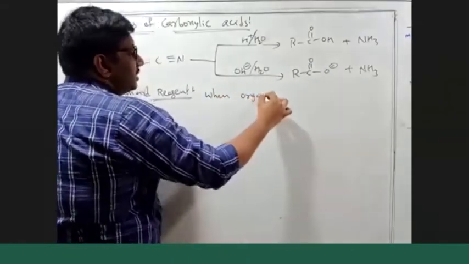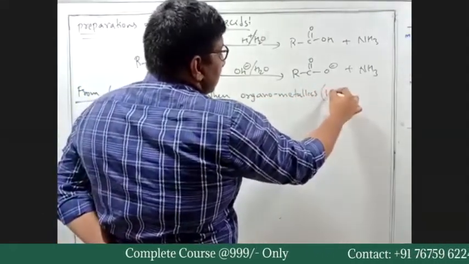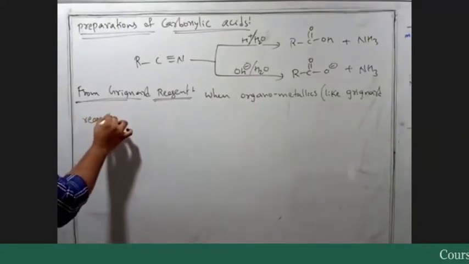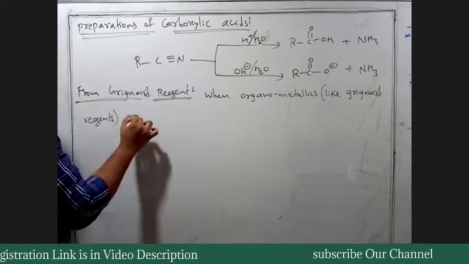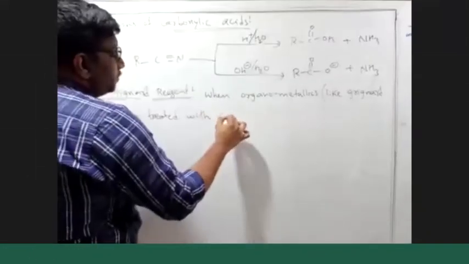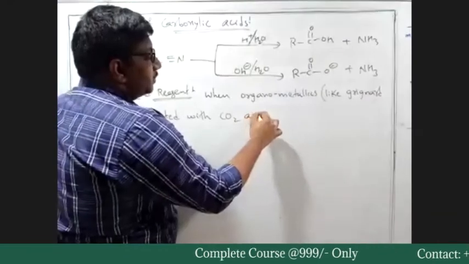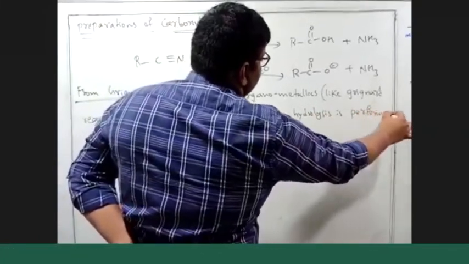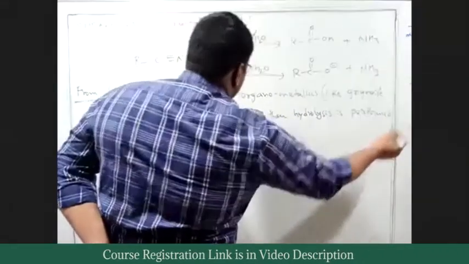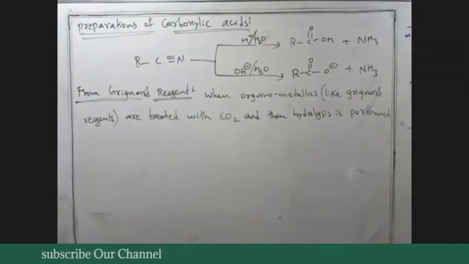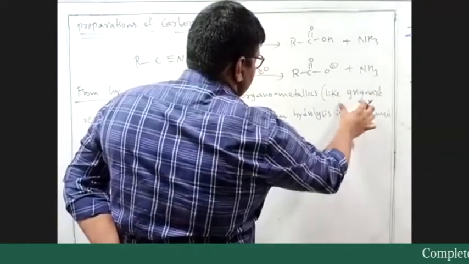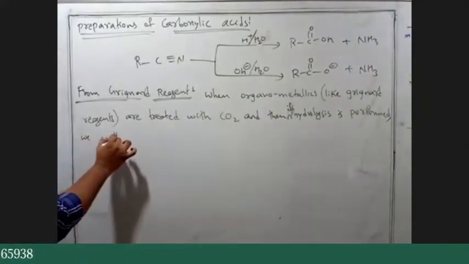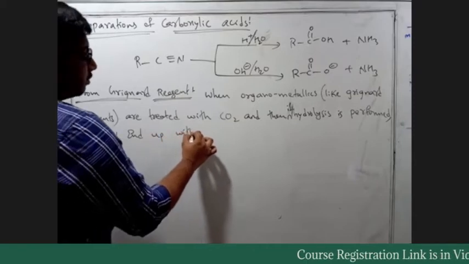When organometallics like Grignard reagents are treated with CO2, and then hydrolysis is performed, we will end up with carboxylic acids.